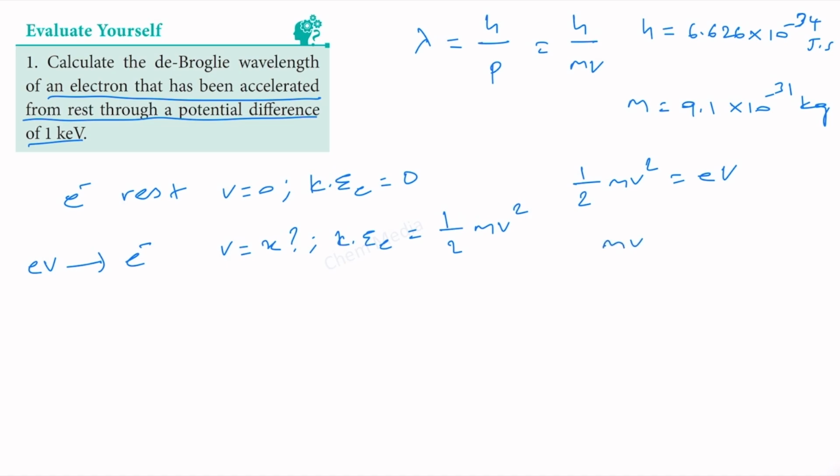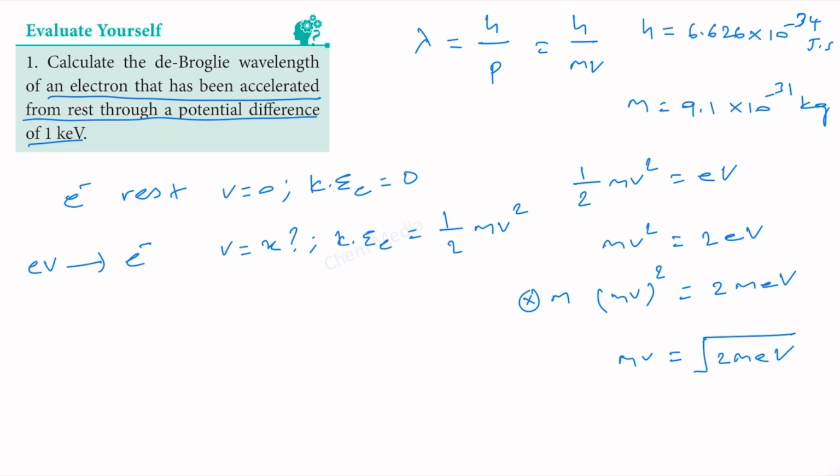Therefore, mv square is equal to 2eV, and if you multiply on both sides with m, we can write that mv whole square is equal to 2meV. Therefore, mv is equal to square root of 2meV, and this we can substitute here so that we can find out the lambda value.